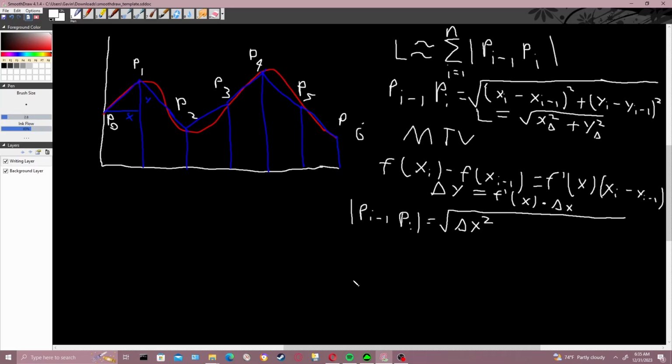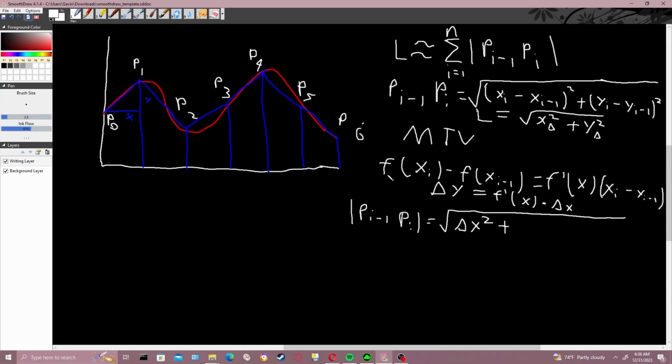And we can say that this would be plus, we know that f of x_i minus f of x_{i-1} equals f prime x times x_i minus x_{i-1}.